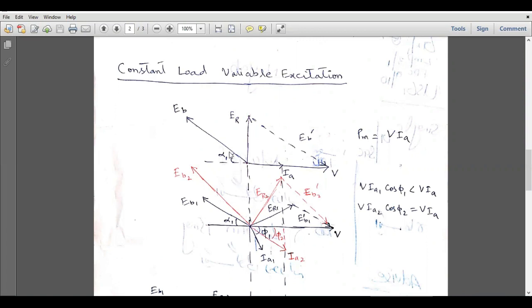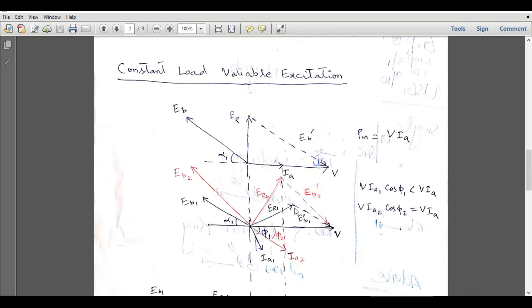So, when we reduce the excitation, the length of this back EMF vector will decrease initially, which we can observe in this phasor diagram, and we have kept the load constant, so the load angle will be the same as alpha 1. So this is EB1, and according to this EB1, we will evaluate EB1 dash, which is plotted over here, and this is our new ER1.